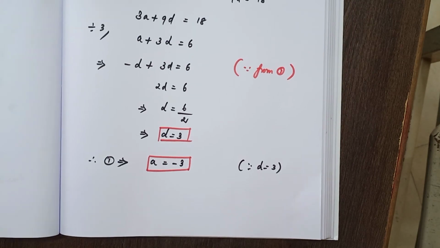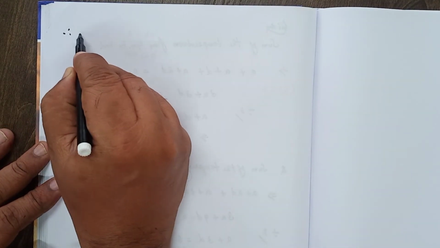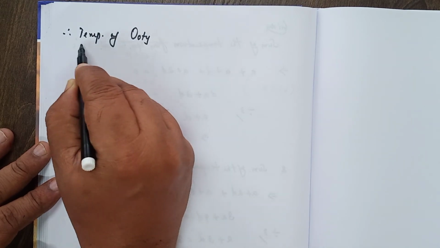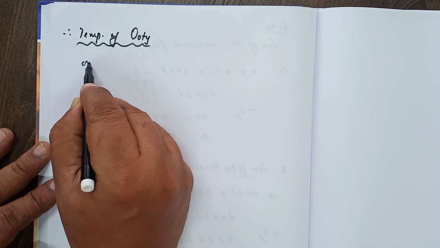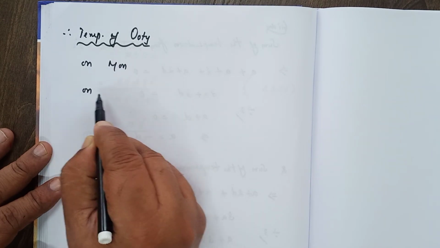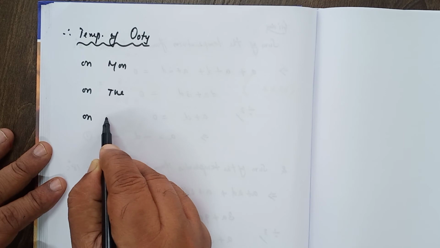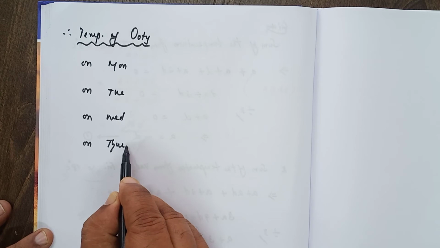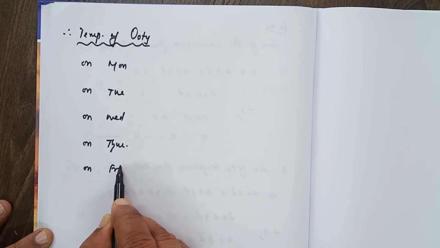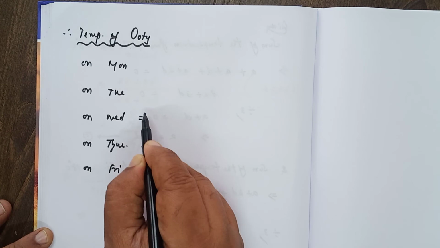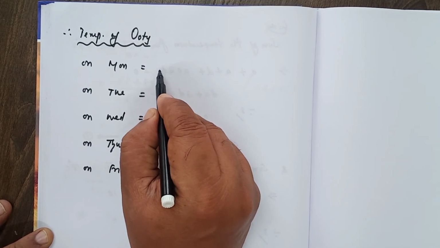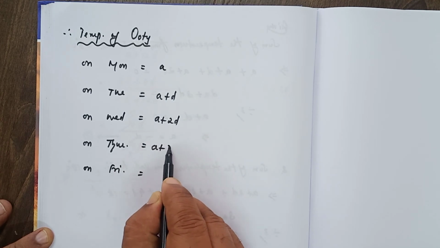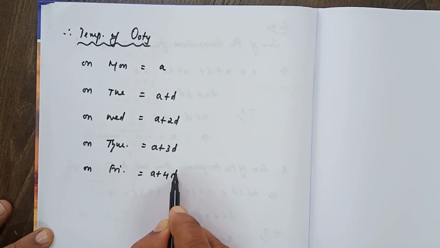Therefore, the temperature of Ooty on Monday, Tuesday, Wednesday, Thursday, and Friday equals, as I already mentioned, A, A plus D, A plus 2D, A plus 3D, A plus 4D.